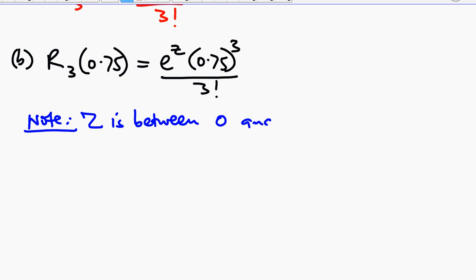So between 0 and 0.75. Just remember that this is x and this is c. All right?